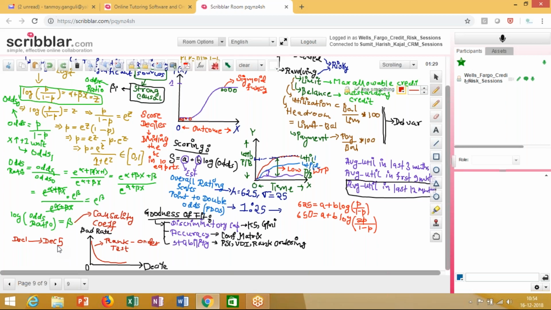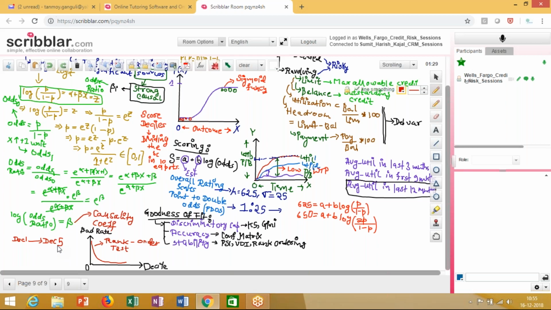Now, the only acceptable case of a break in rank ordering arises when a decile contains a very small number of accounts, which generally happens either in the first decile or in the 10th decile. If there is a very small or fringe concentration of accounts in the decile, then that's okay.